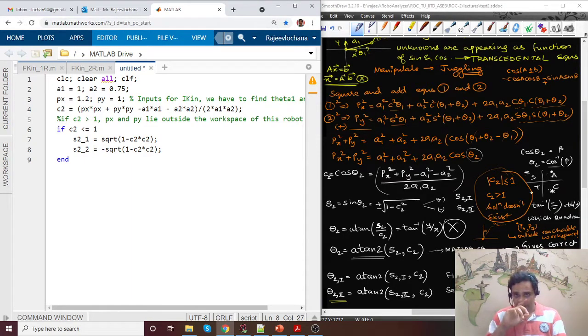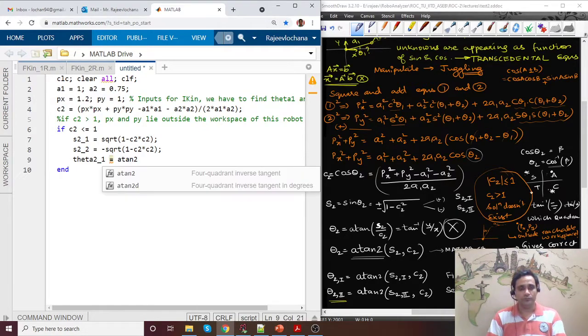Okay. So with this, we'll now get the atan2 function of S2 and C2. Theta 2 underscore 1, the first solution, will be atan2. Now another word of caution: all the angles that we get are in radians. If you want degrees, you will have to use atan2d.